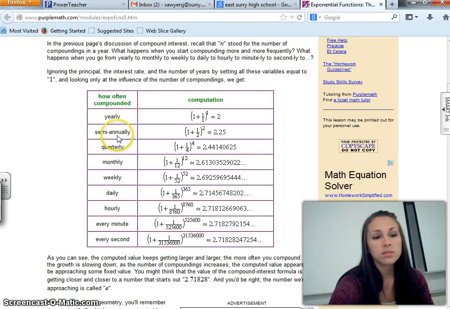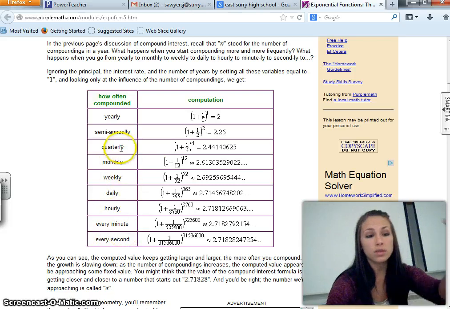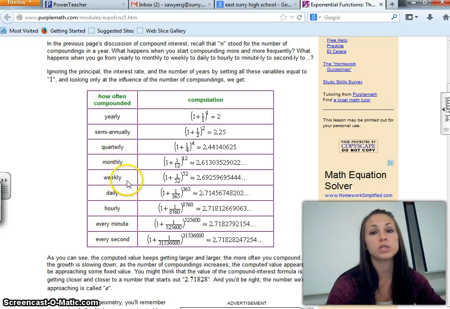If I compound semi-annually, that is going to make that base a little bit bigger, okay? And that would be 2 for my number that I plug in for N. For quarterly, that would be 4 times a year, so I would plug in 4, and then the number goes to this. Monthly, weekly, daily, hourly, every minute, and every second. So all of these numbers are getting closer to continuous compounding.